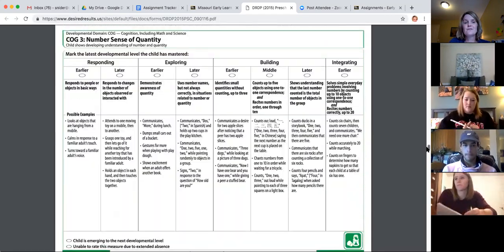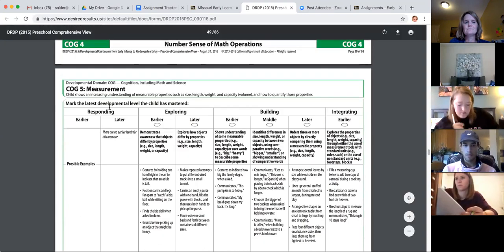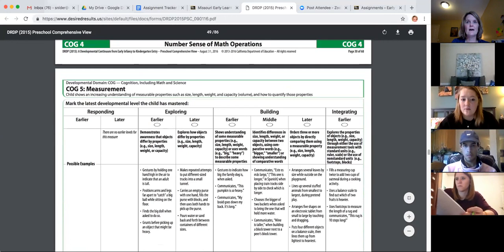But let me go further, because I really am interested in that measurement one. This one says, child shows an increasing understanding of measurable properties, such as size, length, weight, etc. Okay, this is the one that I want to pick.